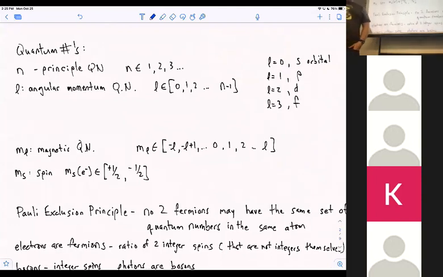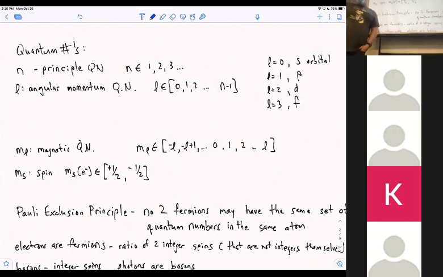The principal quantum number takes the positive whole numbers, non-zero: 1, 2, 3, 4, 5, on to infinity in steps. Whole numbers, not zero, is the realm of the principal quantum number.